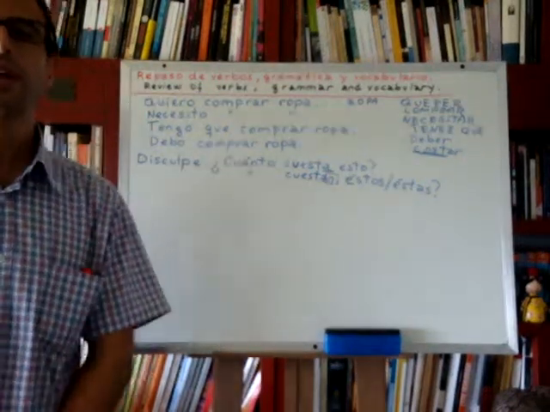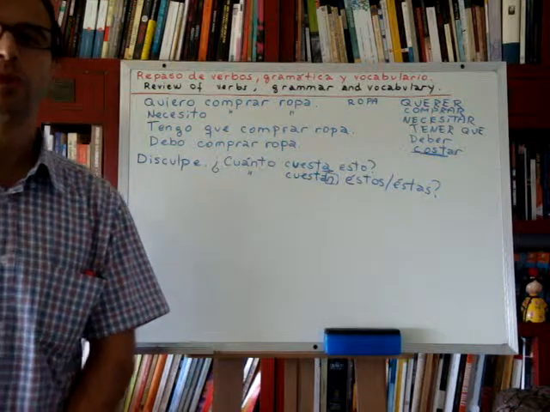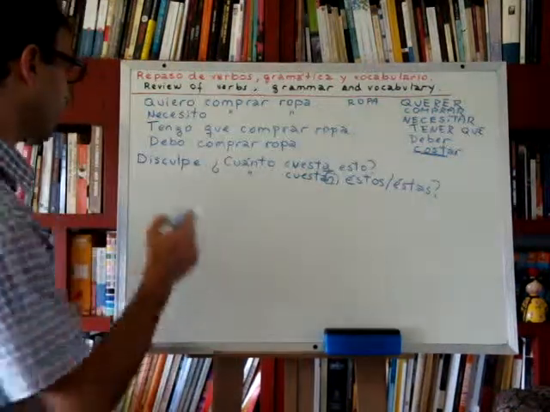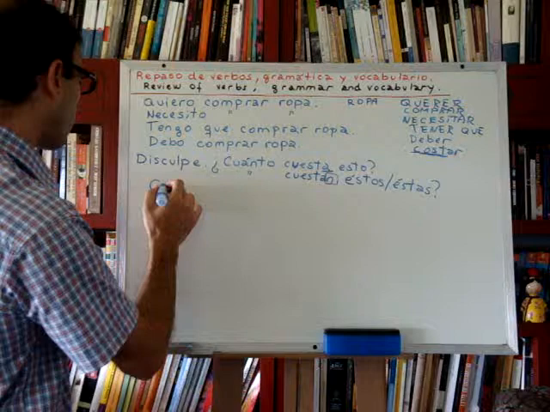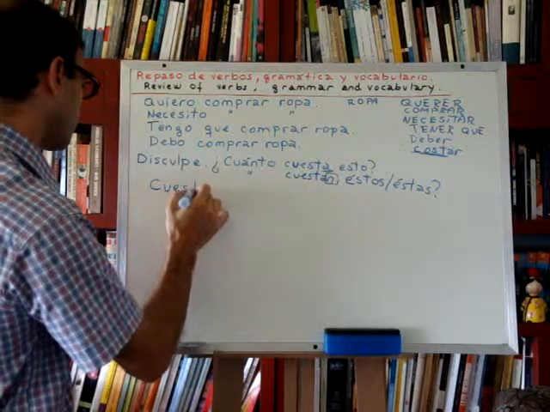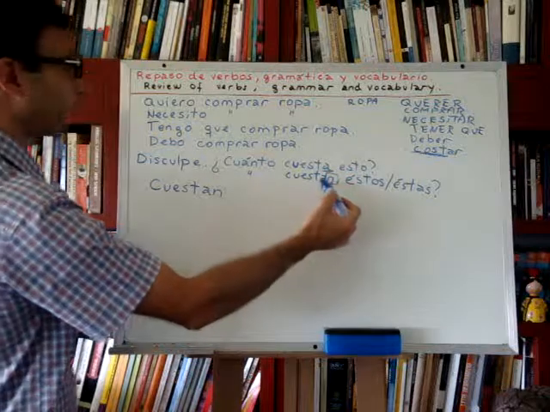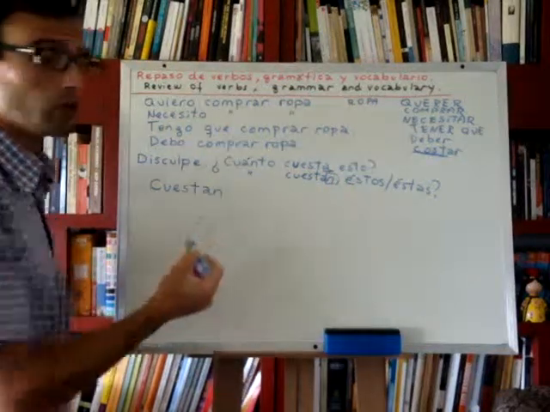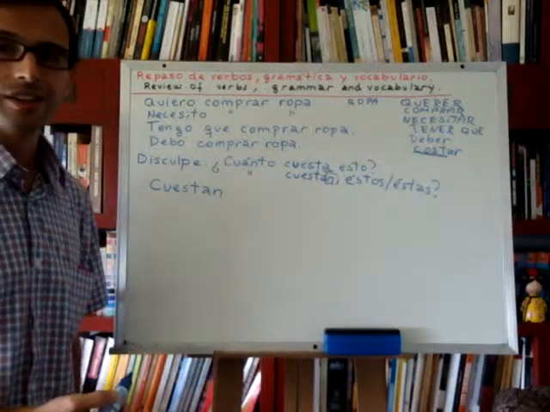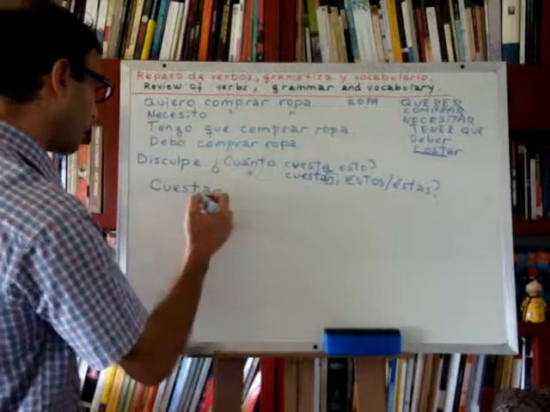How would we say they cost 200 pesos? We would say cuestan. Remember that since we are talking about plural, the verb is conjugated for the person they, for the plural. Cuestan.